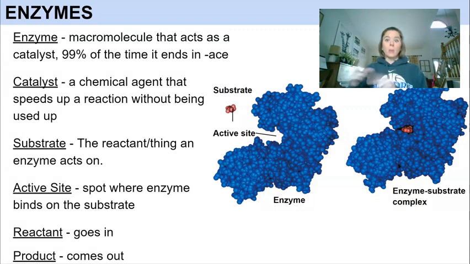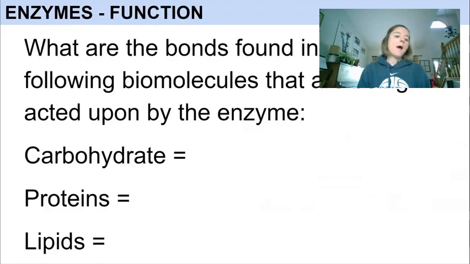This is true of all organisms, plants, wild animals, human beings. So to make life compatible, we have these molecules called enzymes that speed up the rate of a reaction so that you can actually be alive and do things.